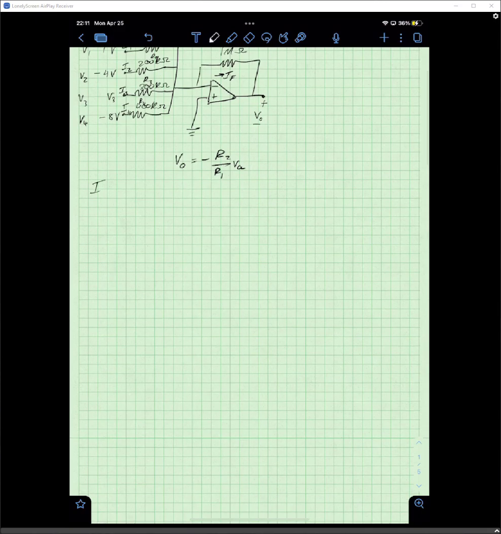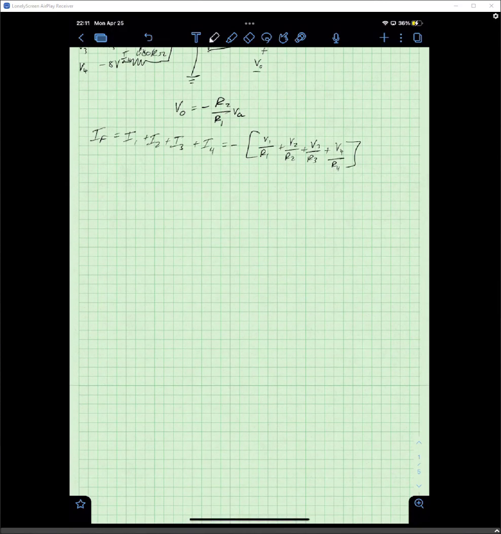So IF equals I1 plus I2 plus I3 plus I4, which is equal to negative V sub 1 over R1 plus V sub 2 over R2 plus V sub 3 over R3 plus V sub 4 over R4.